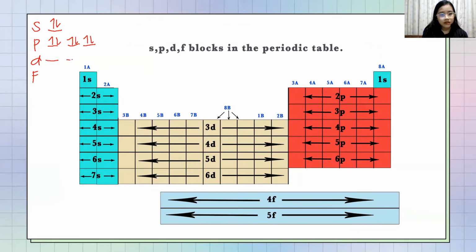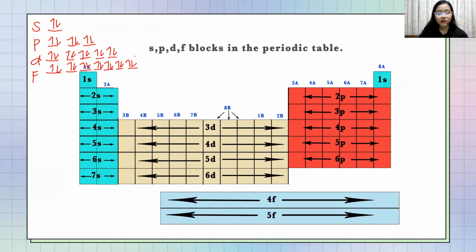D has 5 orbitals and can hold up to 10 electrons. For F, 7 orbitals can hold up to 14 electrons.